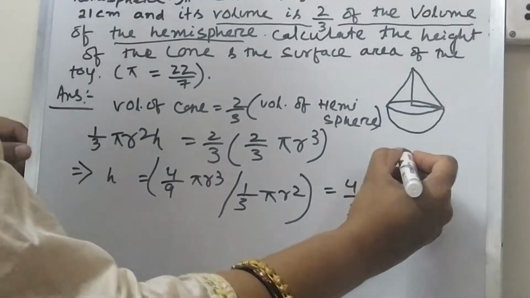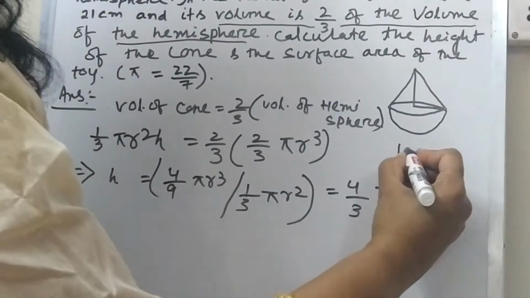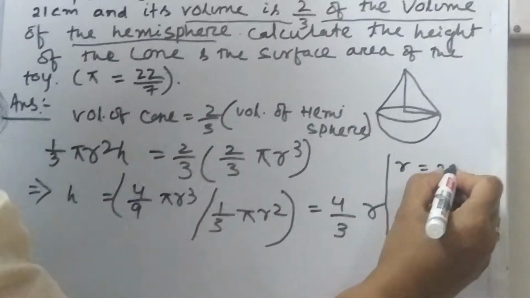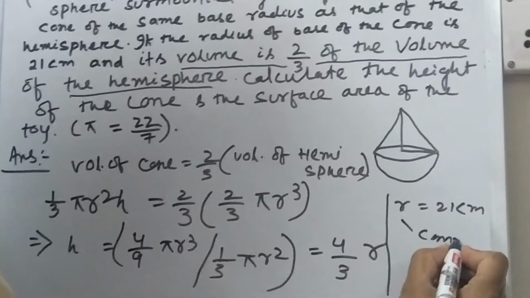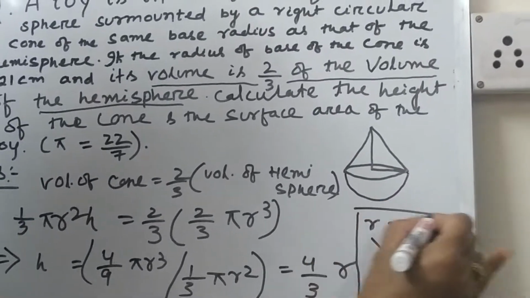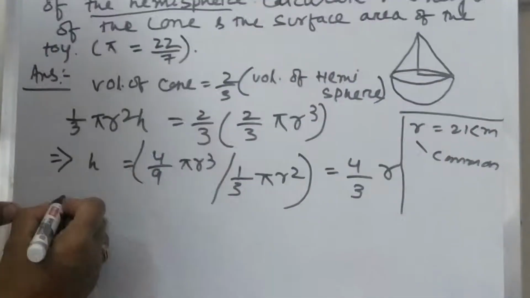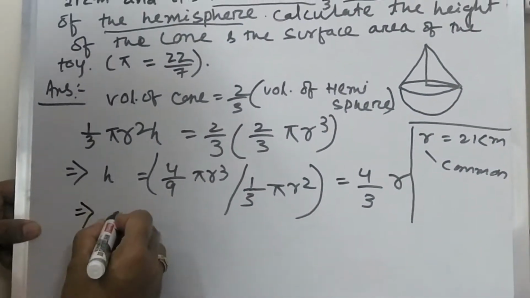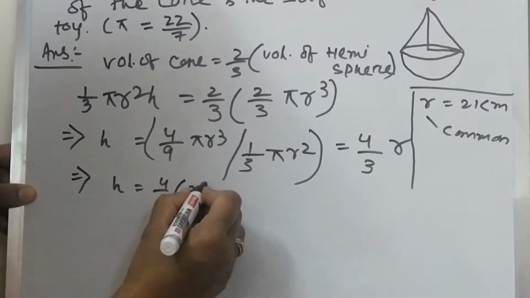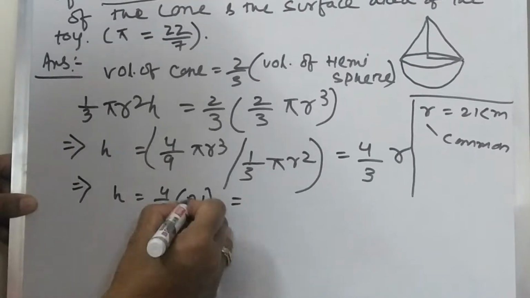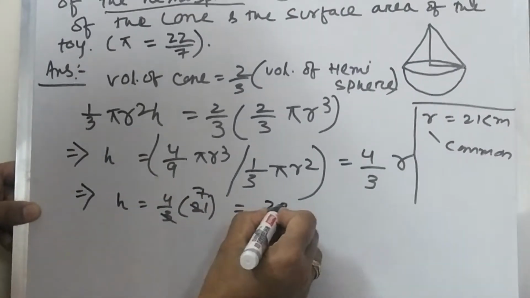In the question it is given that r equals 21 cm, common for both the cone and the hemisphere. Now put the value of r: h equals 4/3 multiplied by 21. You will get 28 cm.